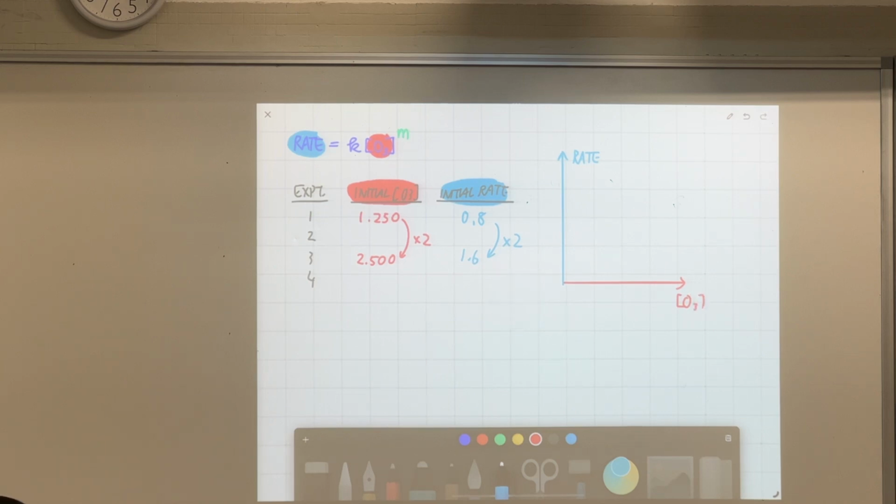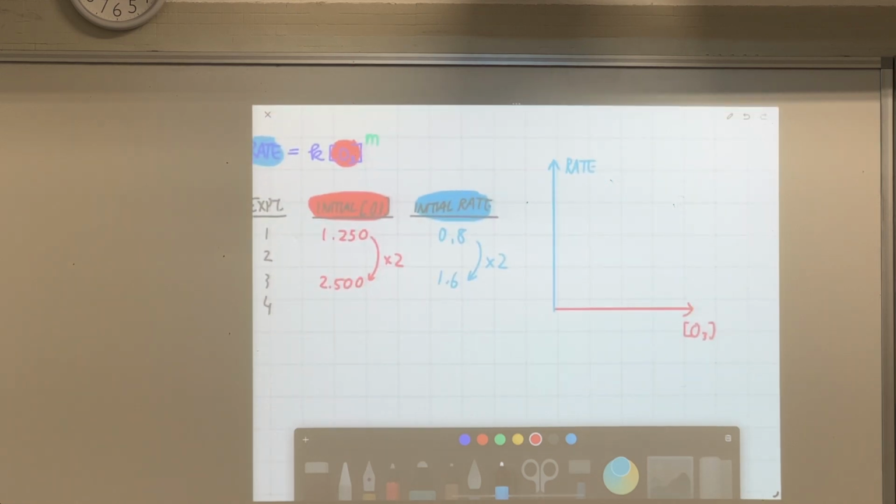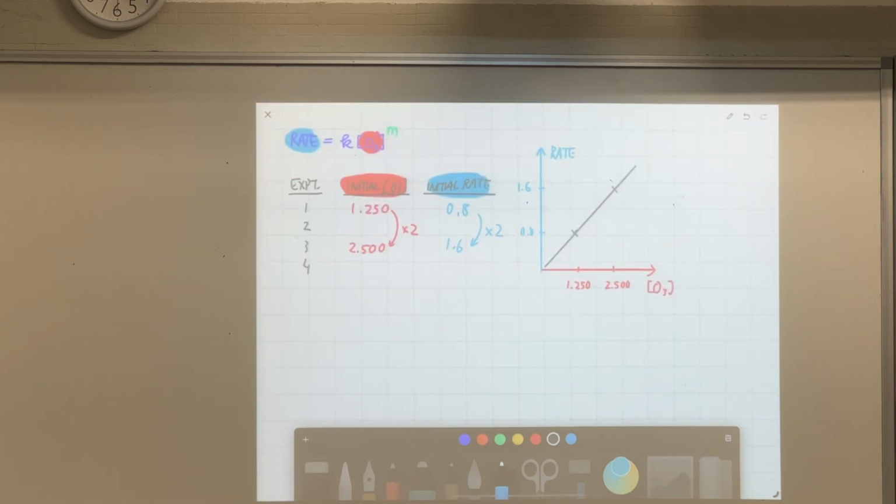What this table is showing you is that when you raise the concentration from 1.25 to 2.5, the rate increased from 0.8 to 1.6. So what does this graph look like? It will be a straight line that passes through origin, right? Yeah, okay. And let me show you what the graph would look like if it were of other order.